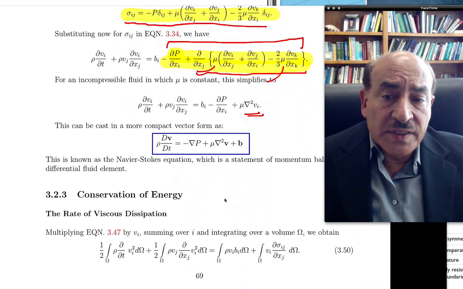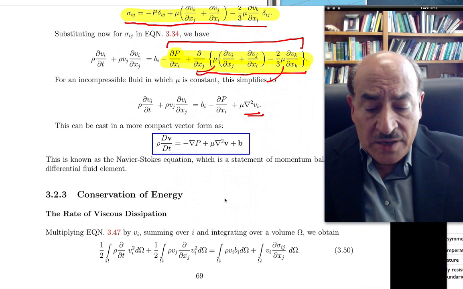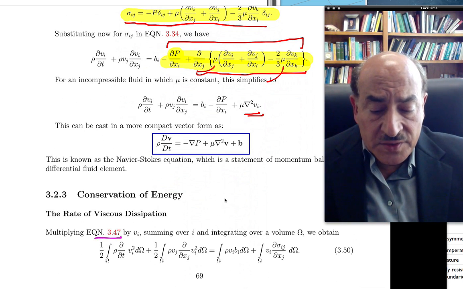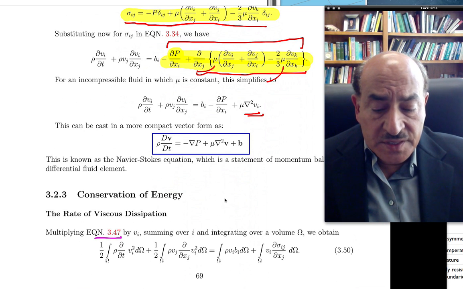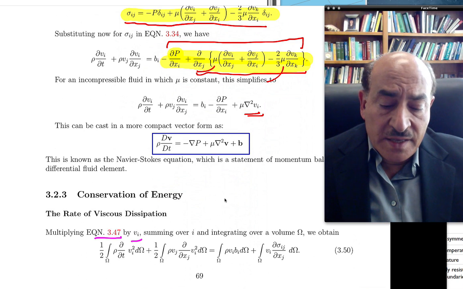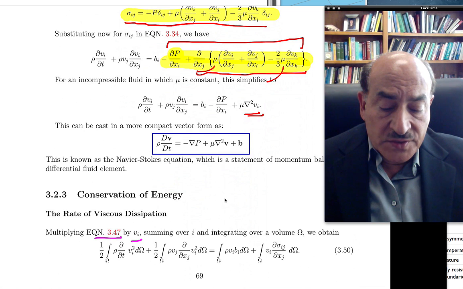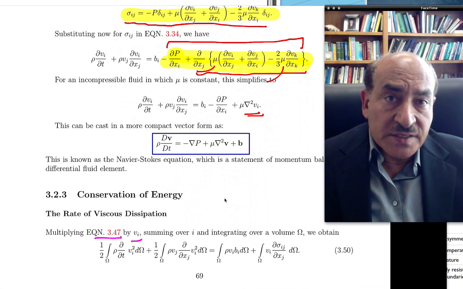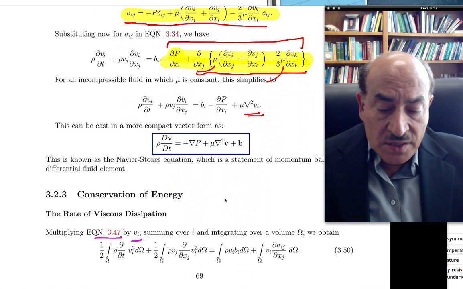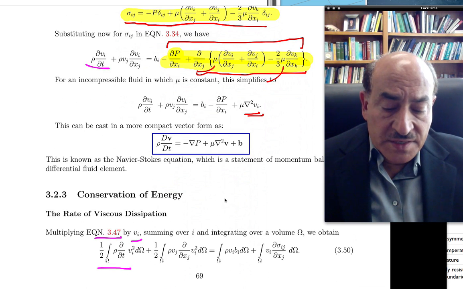So if we look here at the conservation of energy, we're going to multiply 347, which is this one, by the velocity component Vi, and then do a summation over the repeated indices. Obviously we are integrating over the entire volume omega. Term by term, the first term is multiplied by the velocity.